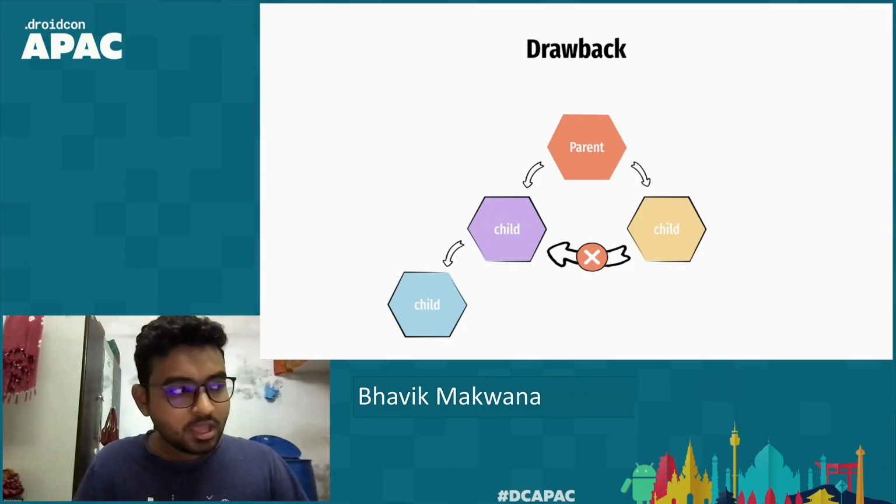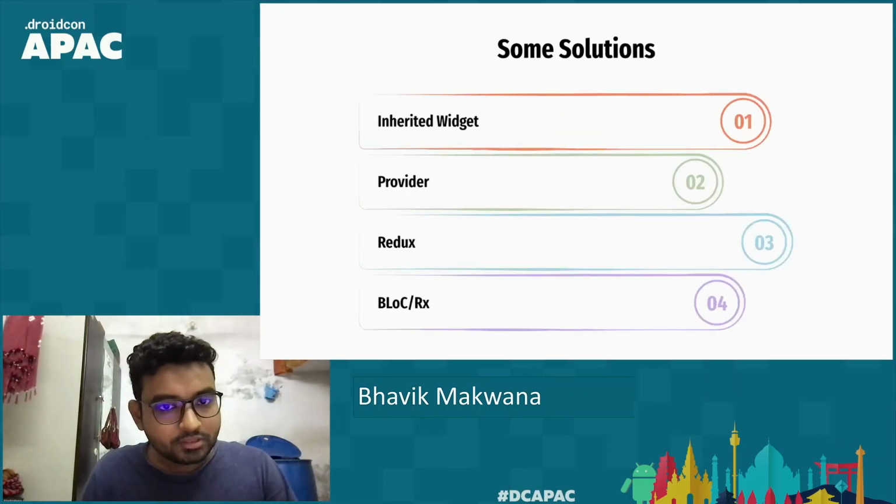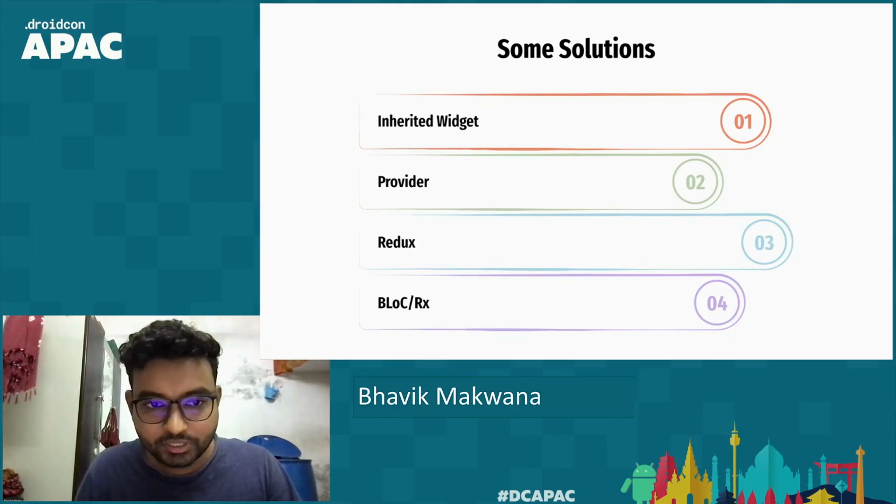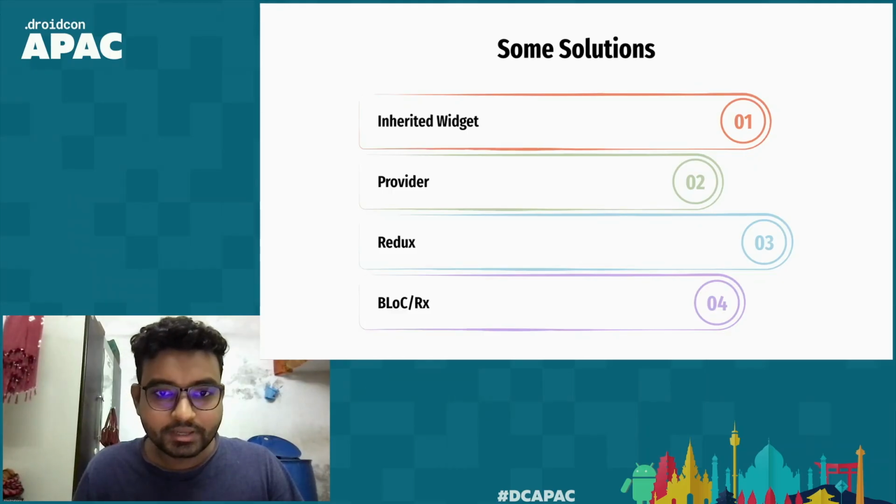There were some solutions available. InheritedWidget is one, from the Flutter framework itself. You can directly use InheritedWidget, but it had a limited scope. Then Provider came, and it is quite popular right now, one of the packages for state management.